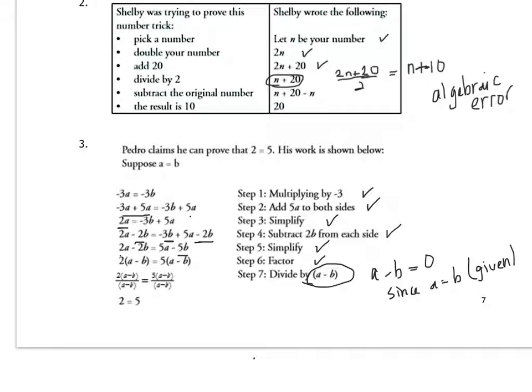So if a equals b, then a minus b is 0, and therefore you can't divide by 0, so this is a mathematical error. Can't divide by 0. Doesn't make sense. His whole proof is based on that, so therefore the proof is not a valid proof.